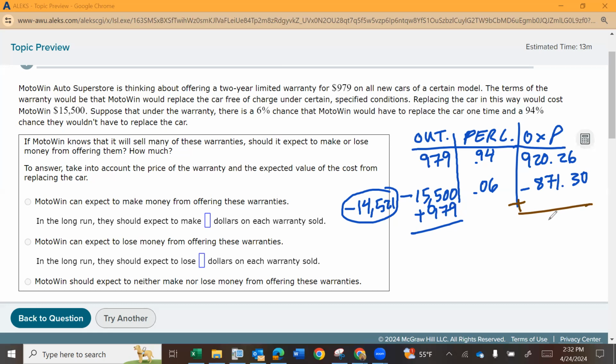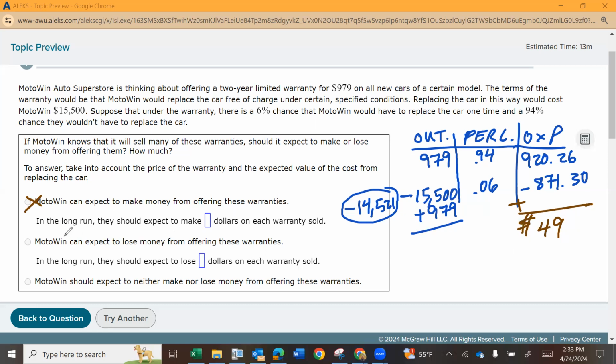Let me just double check here. Yeah, and that adds up to 49. So that came out positive. MotoWin can expect to gain or make money because it was positive. Had this number been negative, it would be a loss. In fact, on this problem, if you don't factor in that 979, you end up with a negative answer, like negative $9 or something. You get the wrong answer.